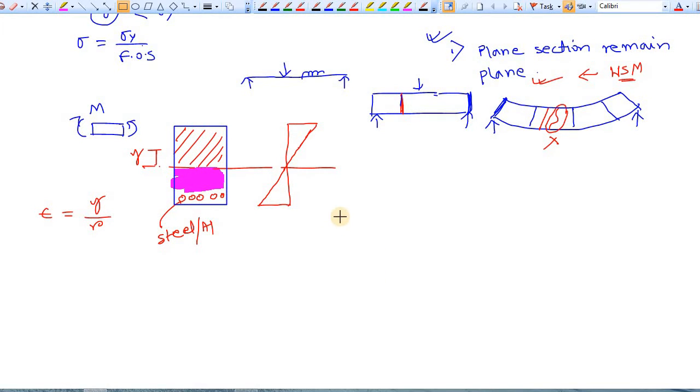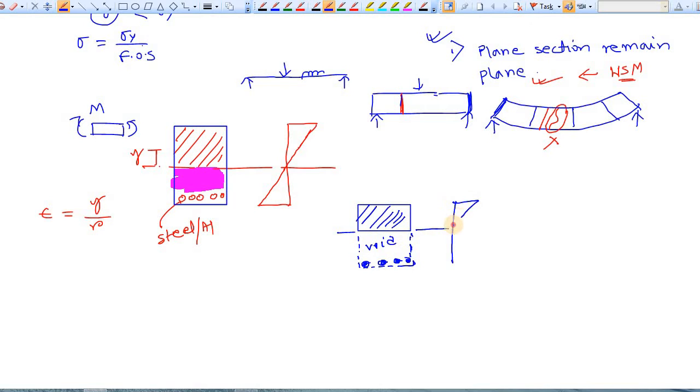At the top, this is the concrete portion. This is the neutral axis, and at the bottom there is some steel. In between, our assumption is it is void. So the strain profile looks like this.